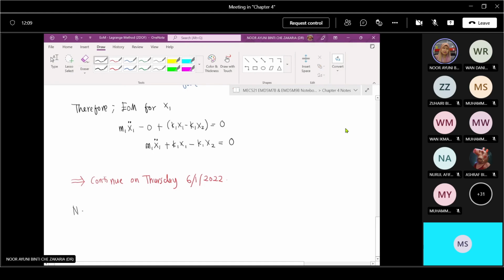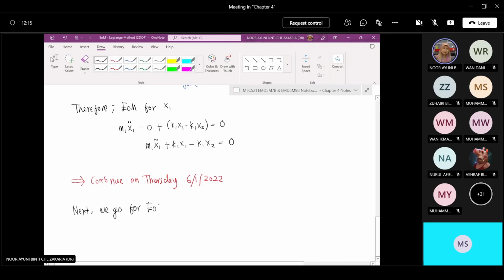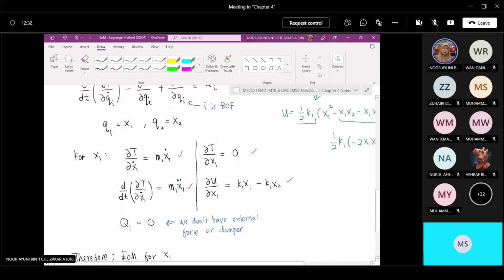Next, we go for the equation of motion for x2. For q2, now it's q2 which we declare as x2. Okay. So okay.